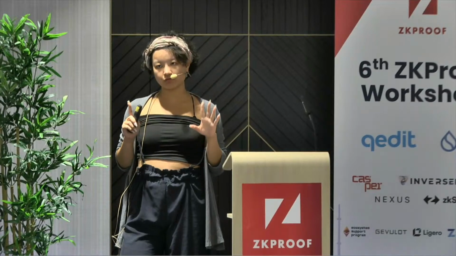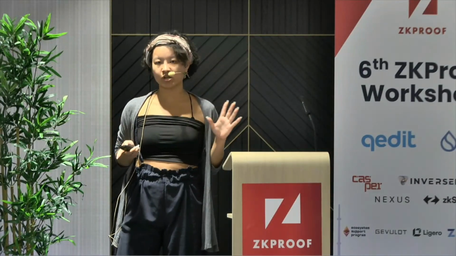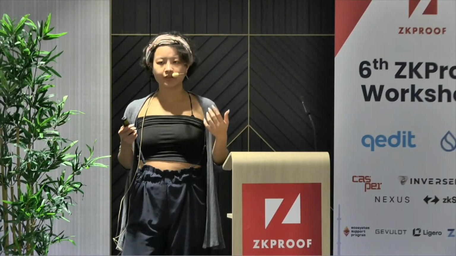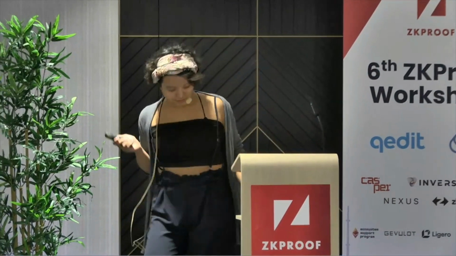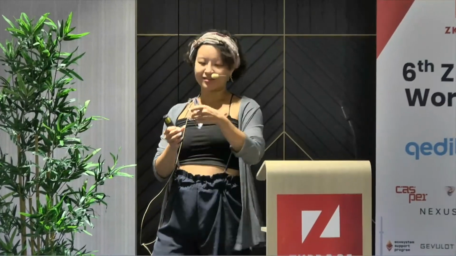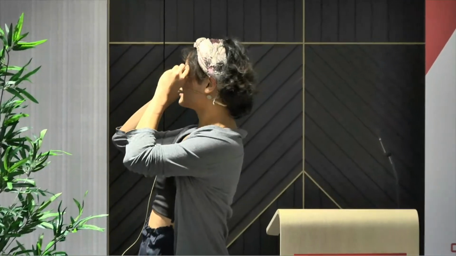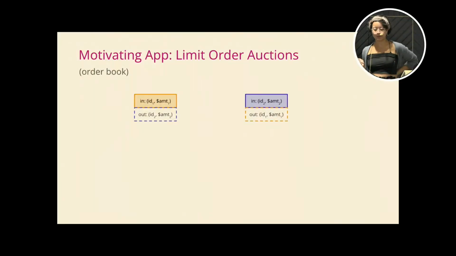So there's two variants of limit order auctions that are interesting. The first is the order book. So basically you have a make side and a take side, and both of them specify the desired input and output assets and amounts.